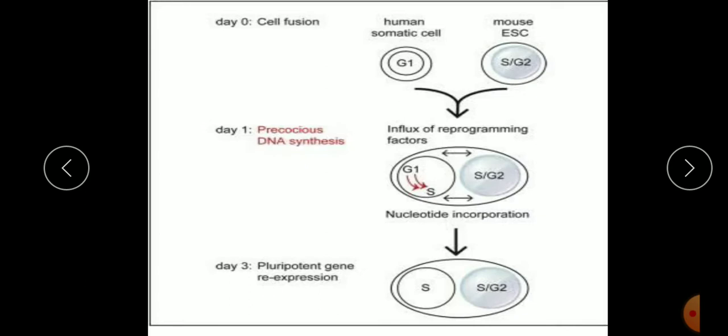They carried out this experiment over 3 days: day 0, then day 1, and the next day. They took a somatic cell in G1 and a mouse cell in S or G2 phase. Then, with the influx of reprogramming factors, they observed various results.